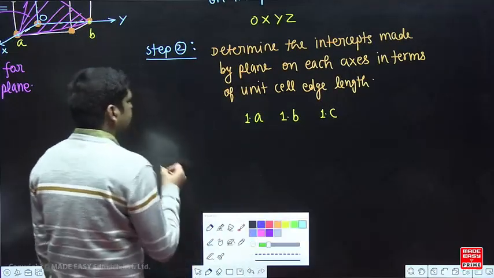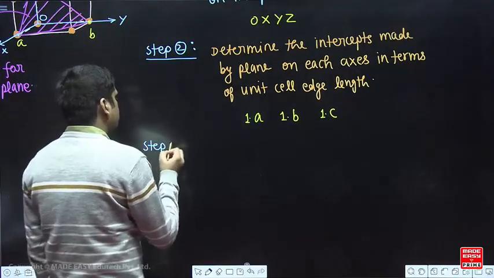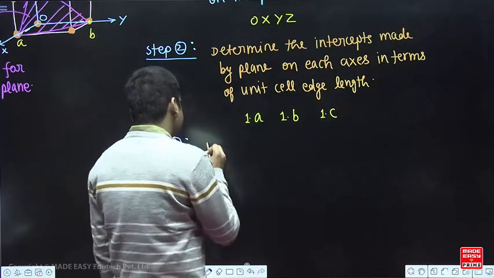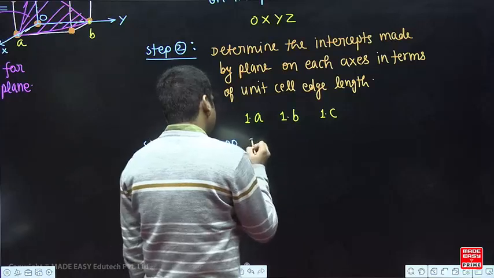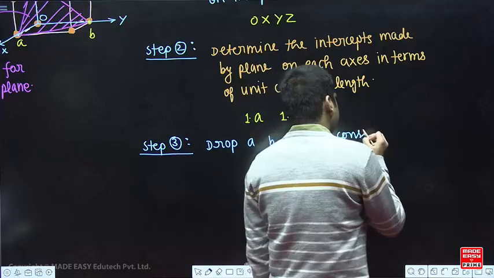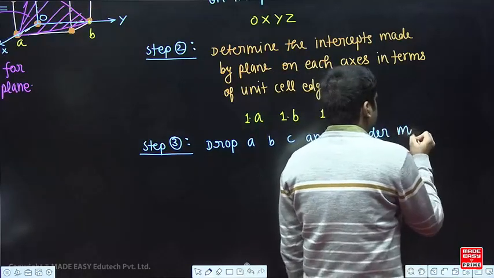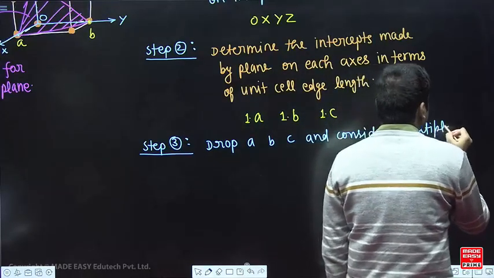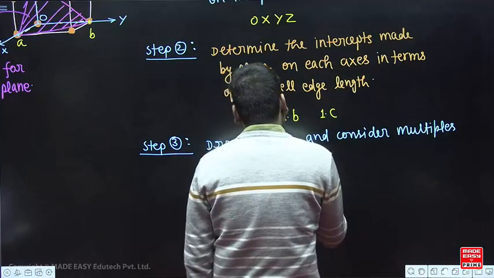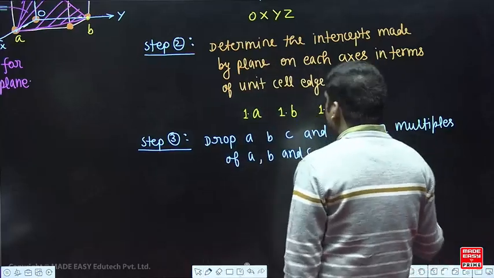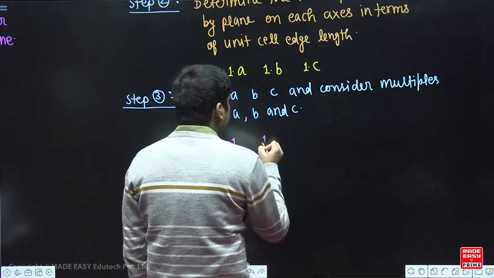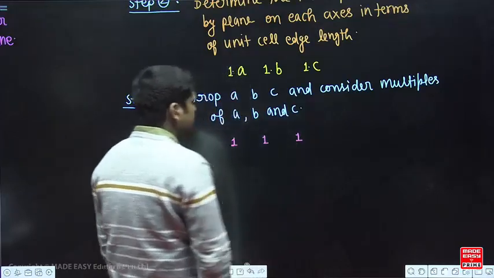Step 3. Drop A, B, C and consider multiples of A, B and C. Multiple of A is 1, multiple of B is 1, multiple of C is 1.